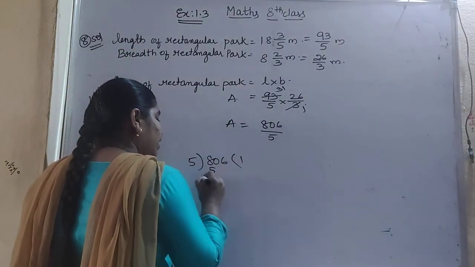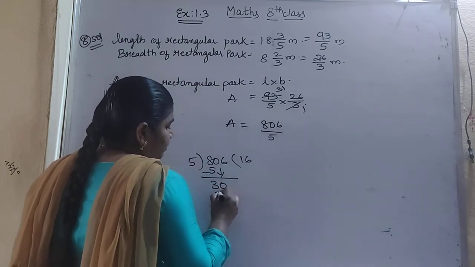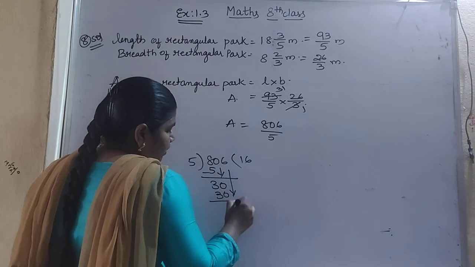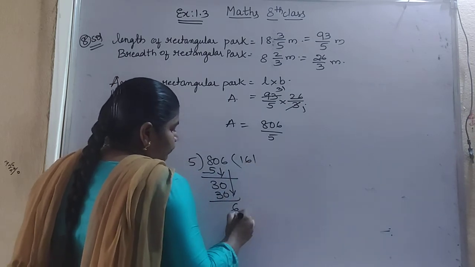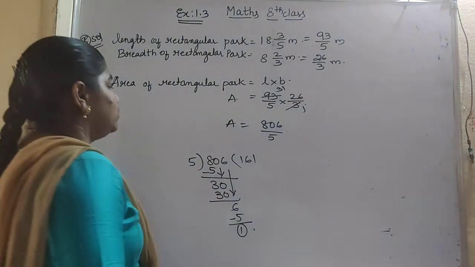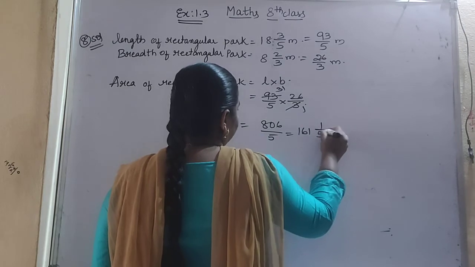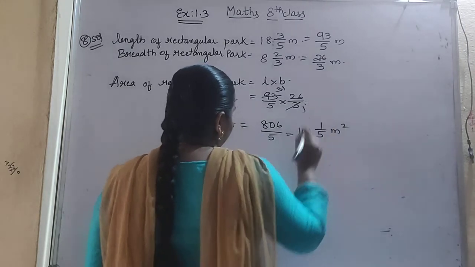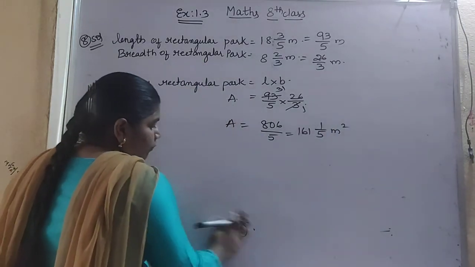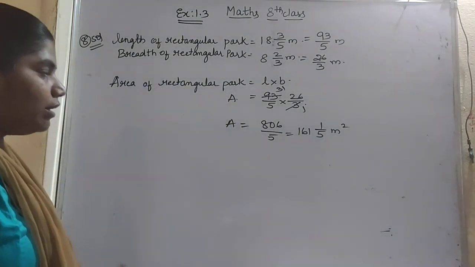Divide this value. So 806 divided by 5. 5 ones is 5, 3. Bring this 0 down. 5 sixes is 30. Bring this 6 down. 5 ones is 5. So you got the remainder as 1. So we can write it in the form of a mixed fraction. That is 161 1/5 meter square. So this is our area of the rectangular park. So what is the area of the rectangular park?